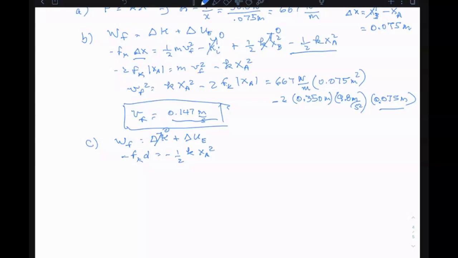So then we can see that the minus signs cancel out, and we can solve for d.